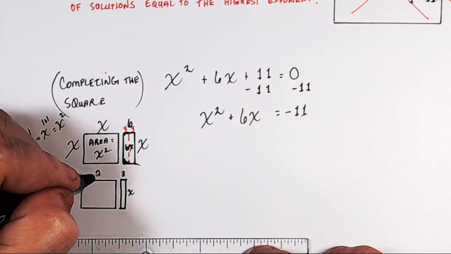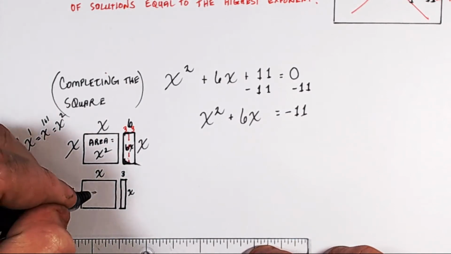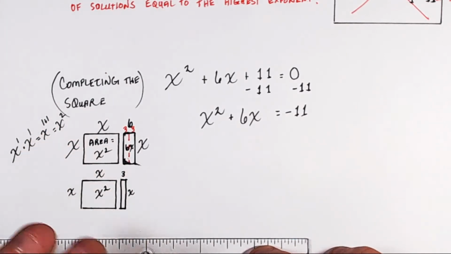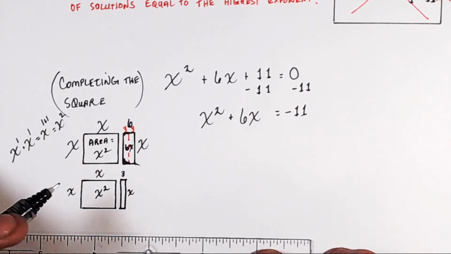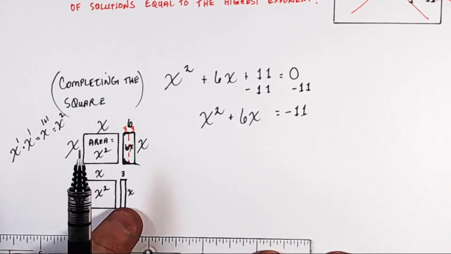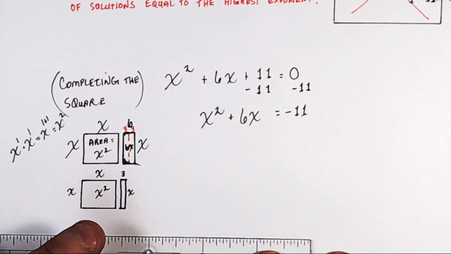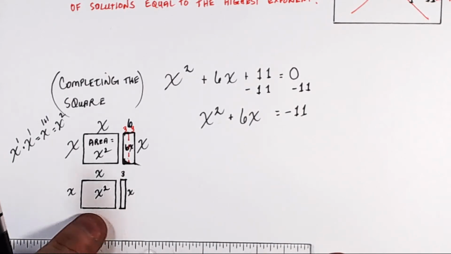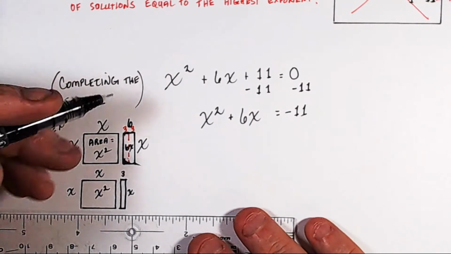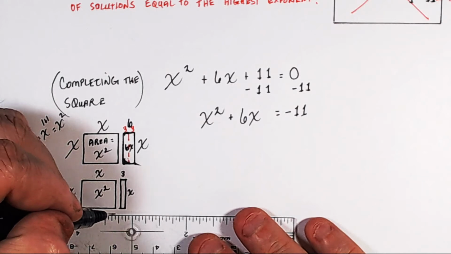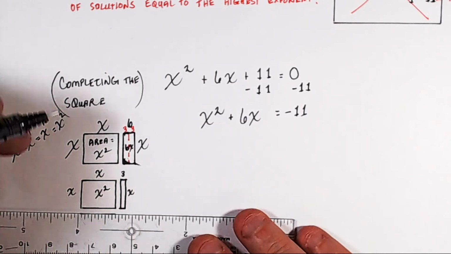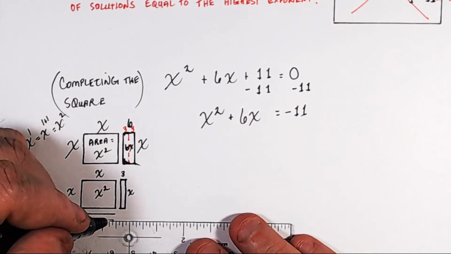Here, this is that square that was x squared. A width of 3 and a height of x. And then the other little strip of paper I place underneath the square so that it has a width of 3 and a height of x, only it's laying on its side.